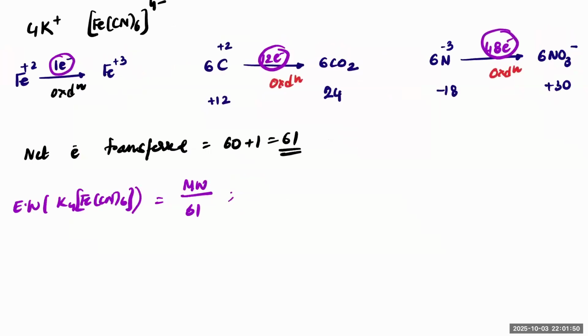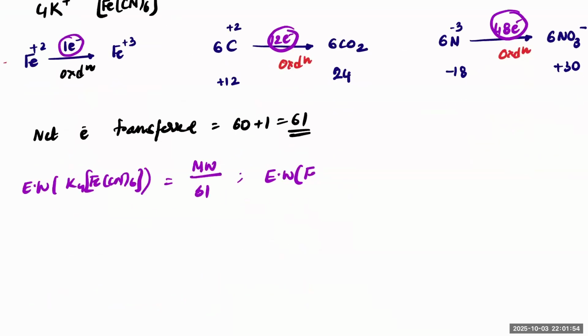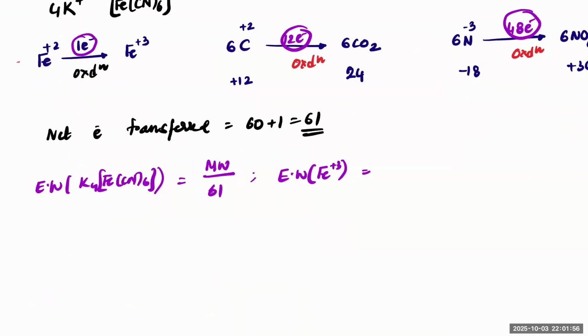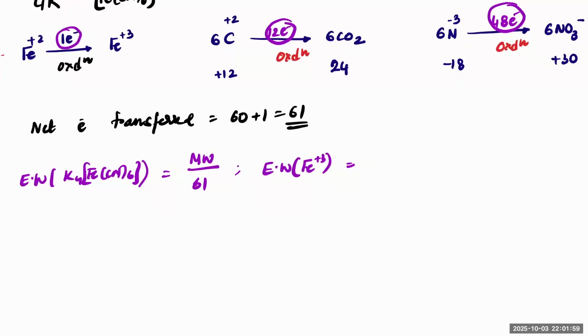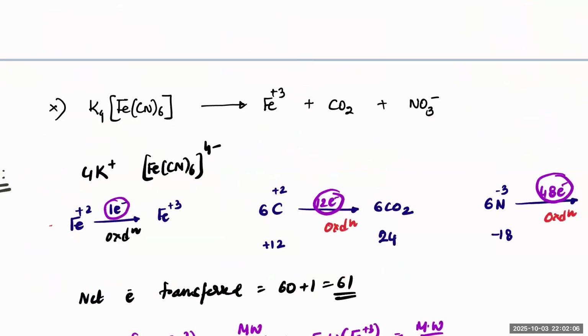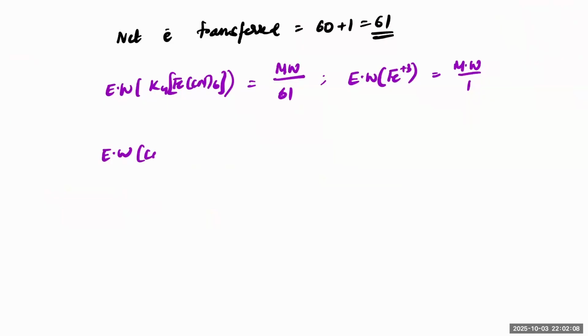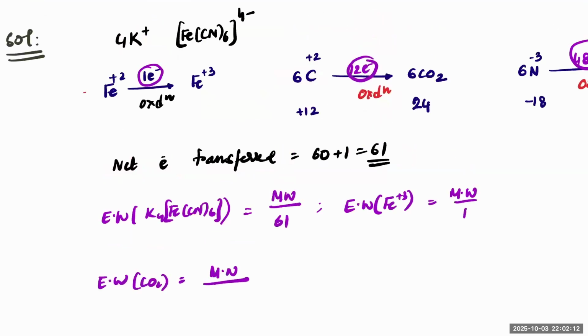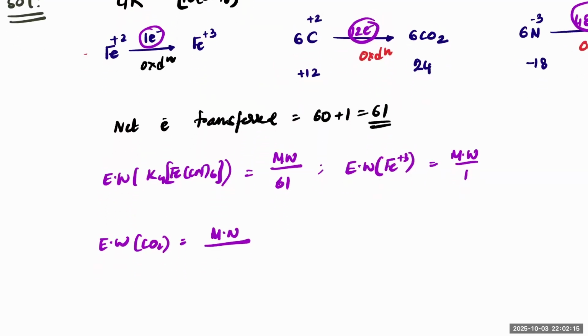Next, equivalent weight of Fe plus 3. Fe plus 3 is coming from Fe plus 2, so it will be molecular weight by 1. Equivalent weight of carbon dioxide would be equal to molecular weight by, for one carbon, you need to check. For one carbon of carbon dioxide, we have plus 4 coming from plus 2, so 2 electrons.